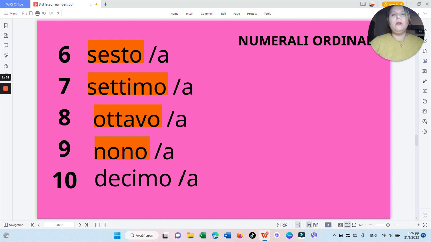Nonno with double N, doppia N, means grandfather. So, ninth is nono. Decimo.